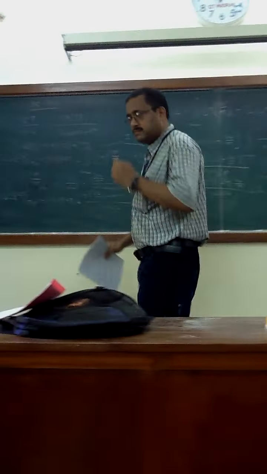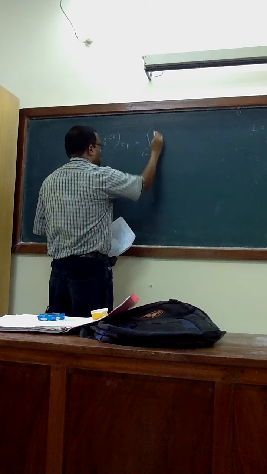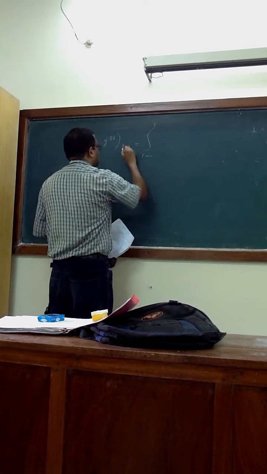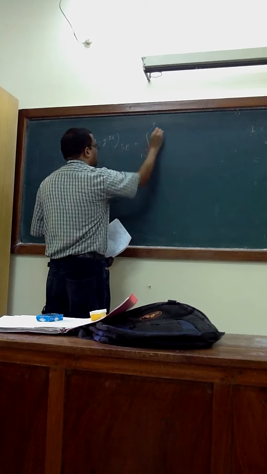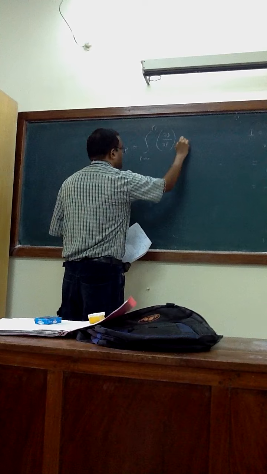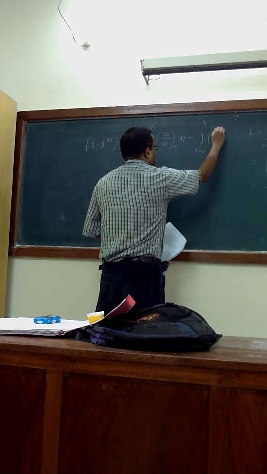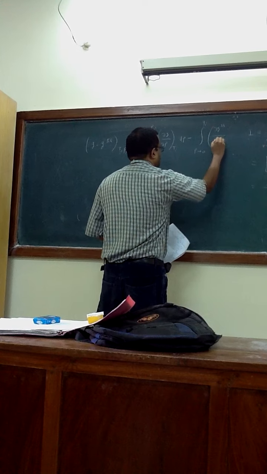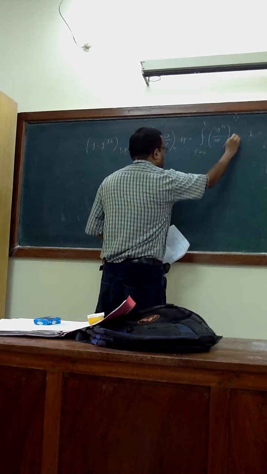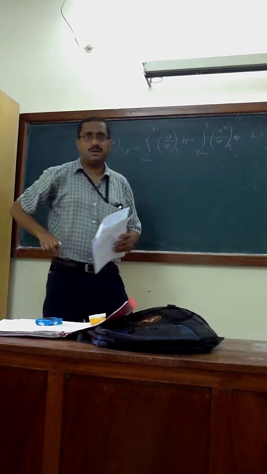Okay, so G minus G^IG at T, P, which is defined as the integral from P tending to 0 to P of dou G by dou P at T dP minus the integral from P tending to 0 to P of dou G^IG by dou P dP. Right?